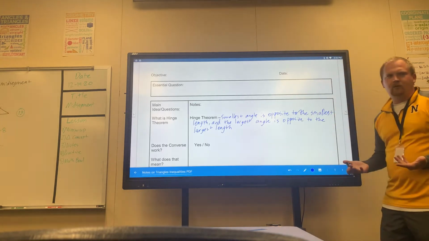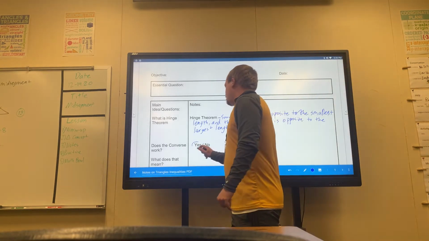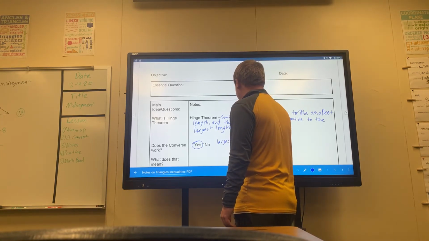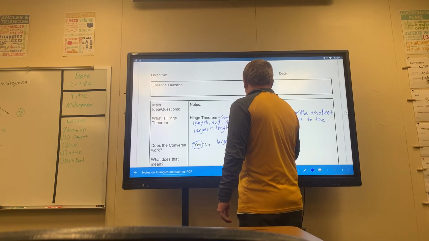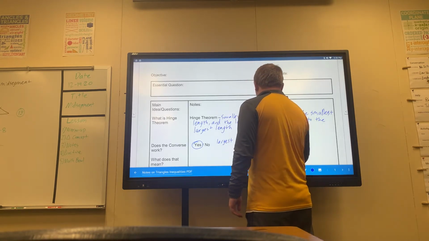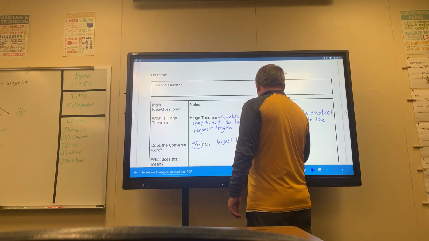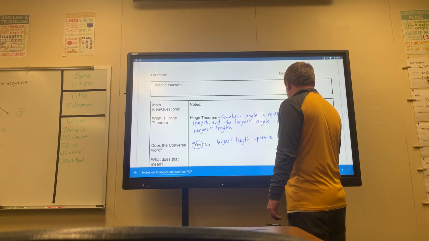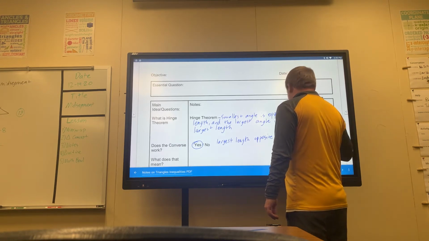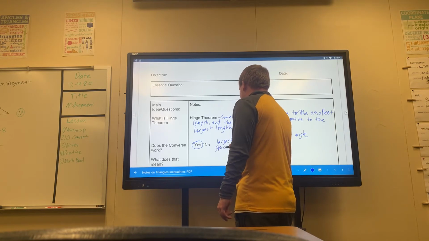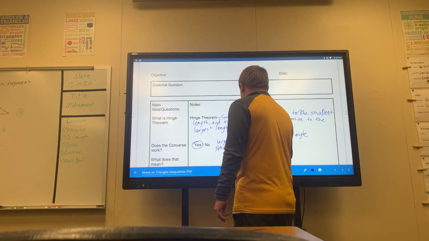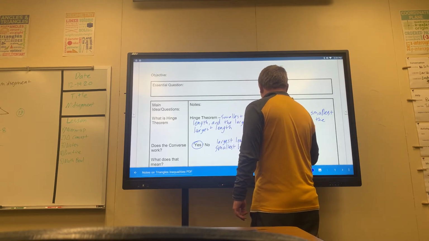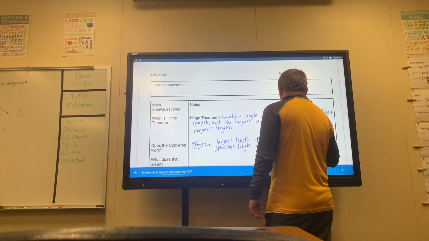Now, does that work for the converse? Absolutely it does. So what does that mean? It means that the largest length is opposite the largest angle, while the smallest length is opposite the smallest angle.